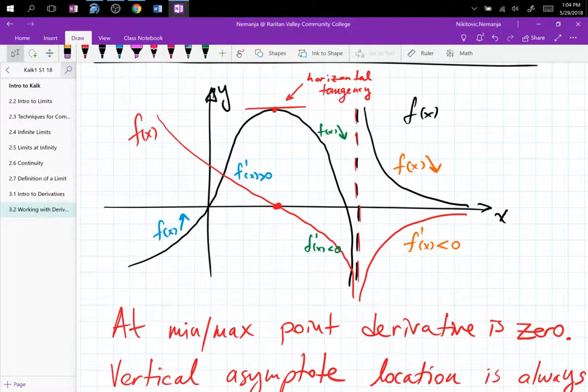So what does the derivative tell us? Derivative tells us that if the function is decreasing, the derivative is negative. If the function is increasing, the derivative is positive. Anytime you have a min and a max on a function, you are going to have the derivative cross the x-axis, and vertical asymptotes are preserved.